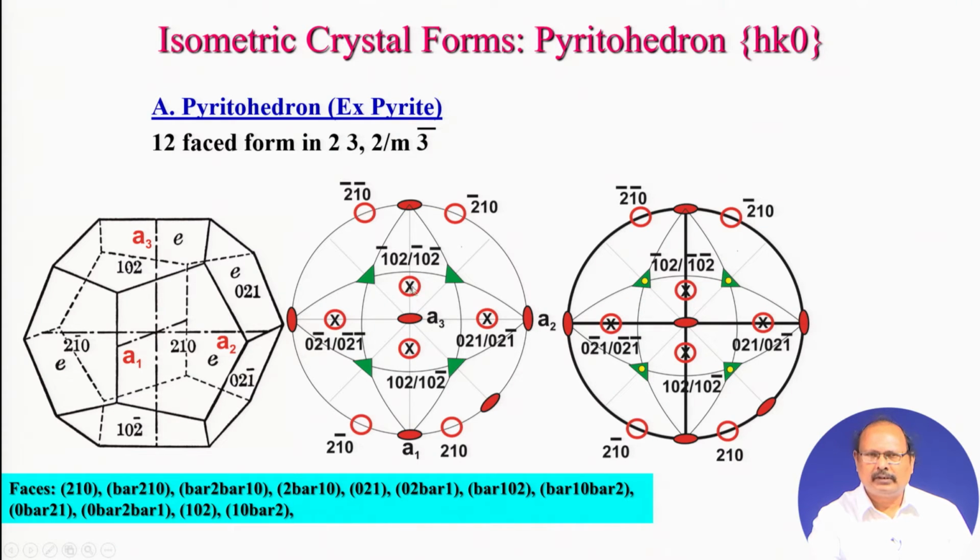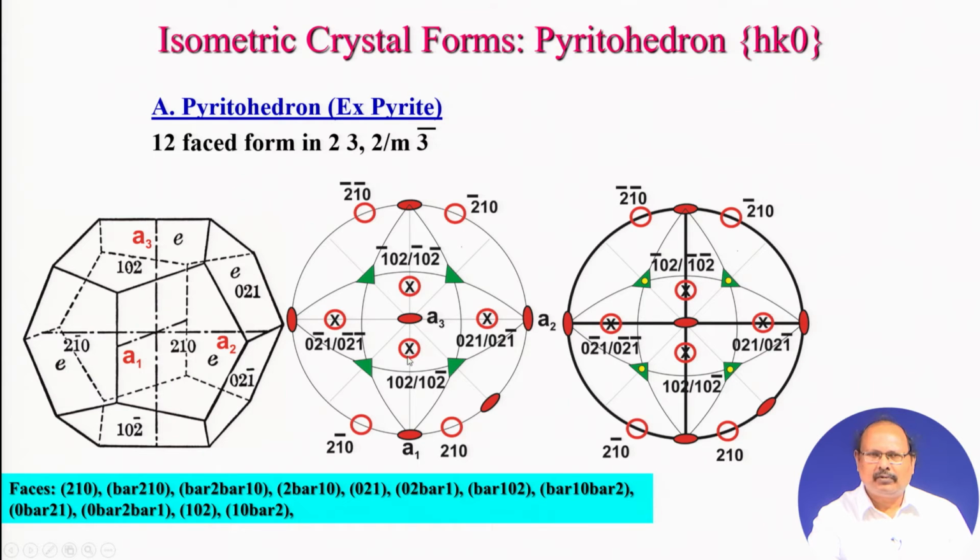The cross symbol refers to a crystal face which intersects the negative direction of the A3 axis. Once you generate a cross here, immediately this cross will be rotated 180 degrees with respect to this vertical two-fold axis symmetry, and will generate a cross here.